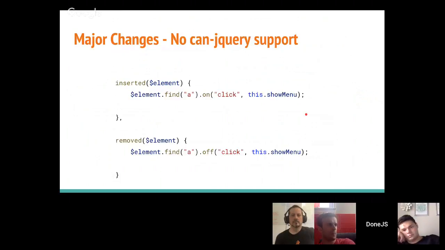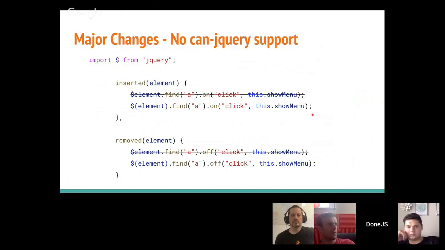You can't do that anymore. You'll have to import jQuery yourself. Can-jquery is still supported in 3.0, so if you had pulled in can-jquery you had that compatibility. Now there's no support, and you can't pull in can-jquery to get this old behavior anymore. So now you'll have to manually wrap your elements in jQuery if you want them jQuery wrapped.